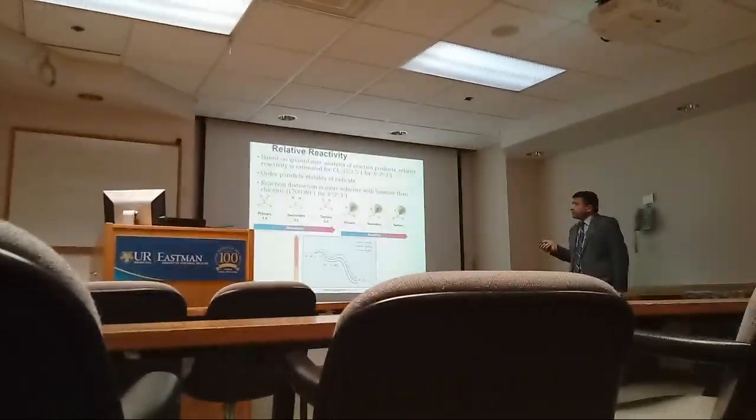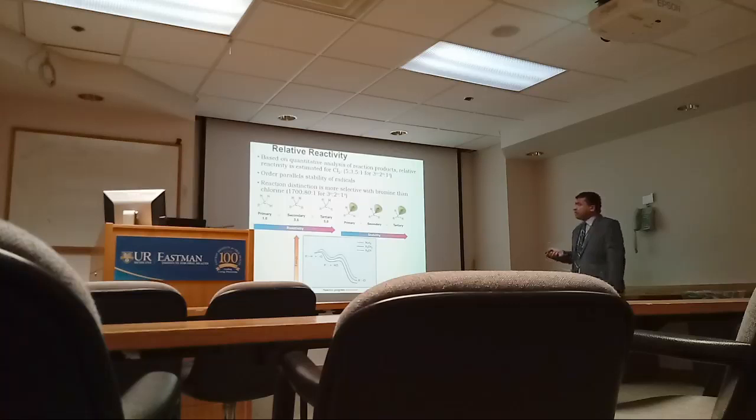What does that mean? Based on quantitative analysis of reaction products, relative reactivity is estimated for chlorine. So relative reactivity of 5 versus 3.5 versus 1 is expected from tertiary, secondary, and primary molecules.